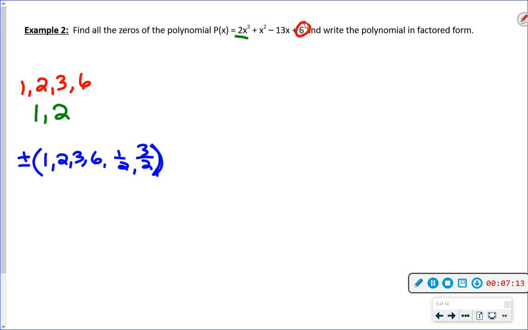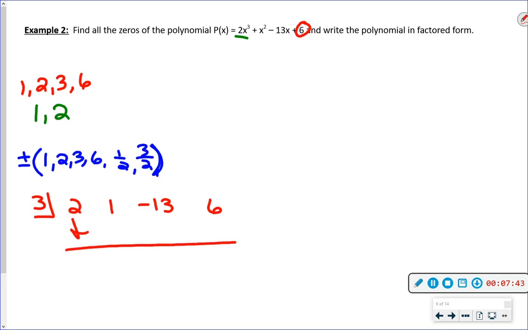All right. Who wants to pick a number off the list? Owen does. Owen? Hit me. Number 3. You want to use 3? Yeah. Okay. So I'm going to do 3. I'm going to do synthetic division. I'm already nervous. We need a 0 remainder. Line up your coefficients. 2x cubed, 1x squared, negative 13, and 6.